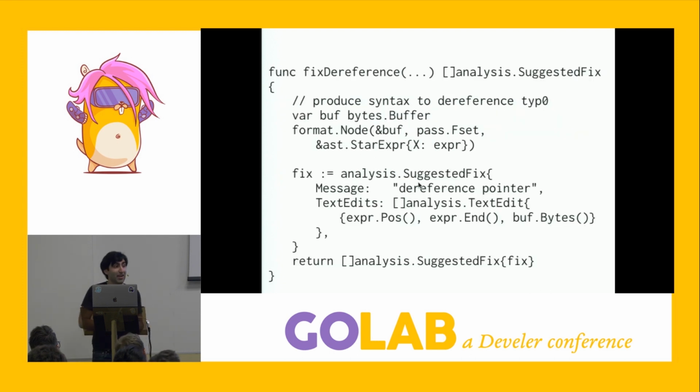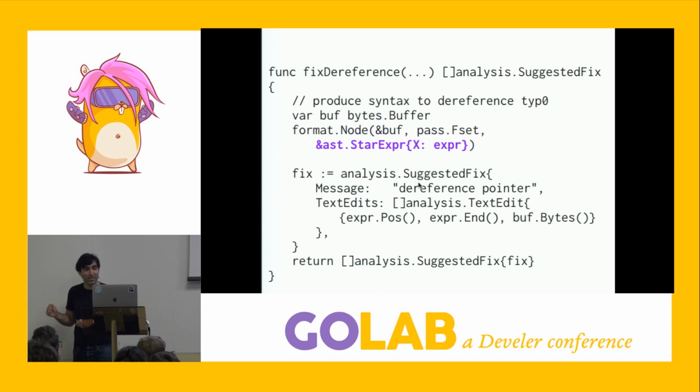Great. Now fix dereference. This is going to generate our suggested fixes by dereferencing the value. So what we need to do to prepare a suggested fix is to get the text of the code that we want to replace the bad code with. So we're just going to have this buffer that we're going to prepare our code into. And we're going to call format.Node that essentially gofmts syntax into a buffer.